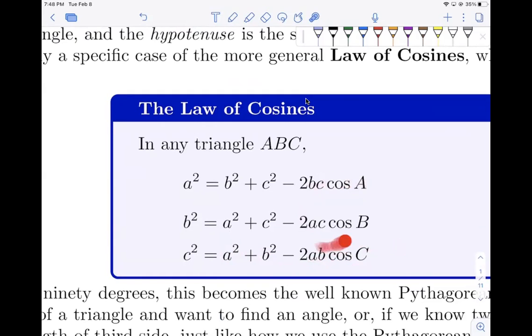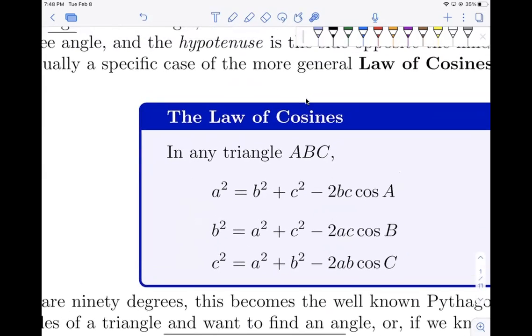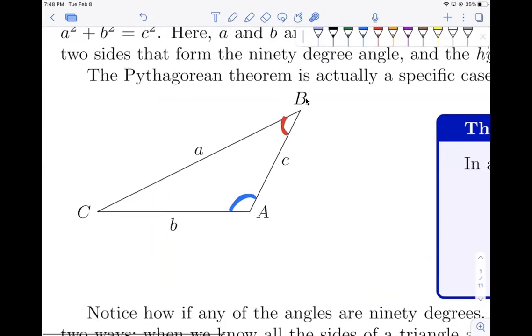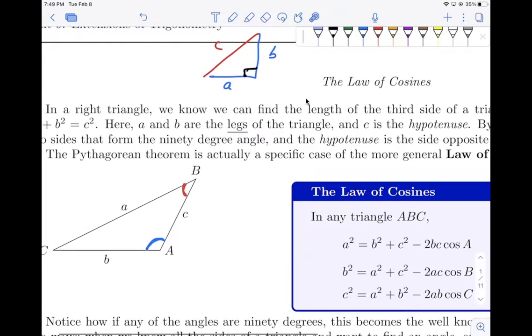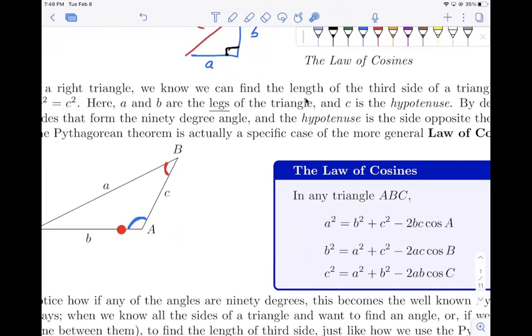If we extend the Pythagorean theorem into this law of cosines, though, we can use it for any triangle. And even though it's written down 3 times here, it's really all saying the same thing. The form follows the same idea as the Pythagorean theorem. If I look at angle A, for instance, as the angle in question, we'll notice that side A is all by itself on one side of the equation.